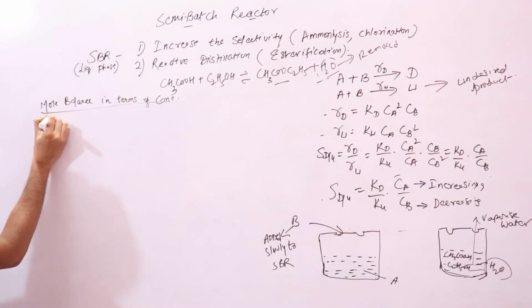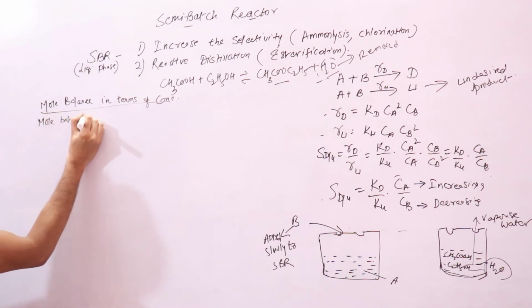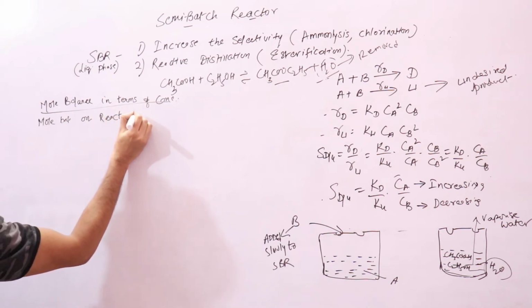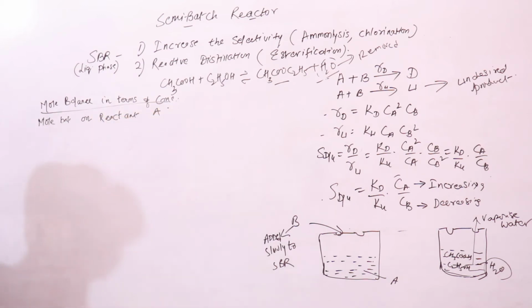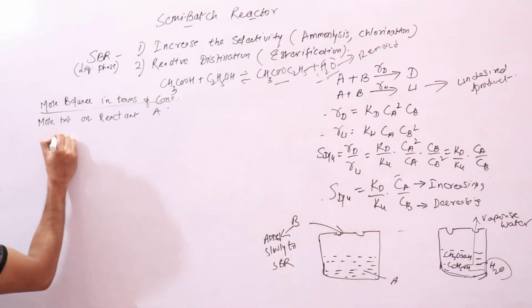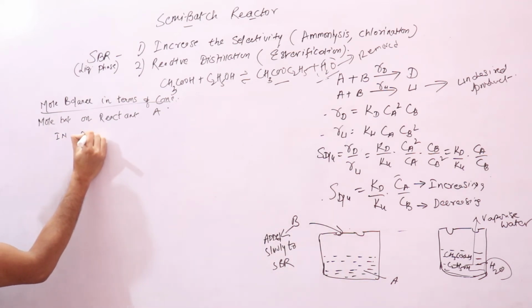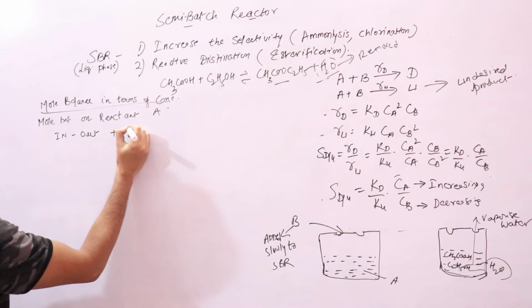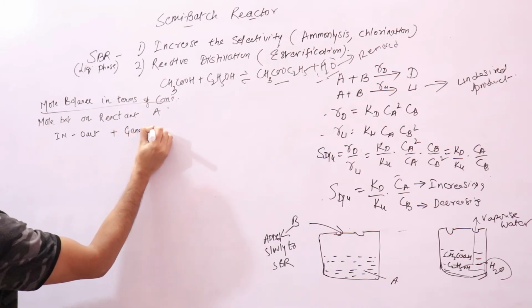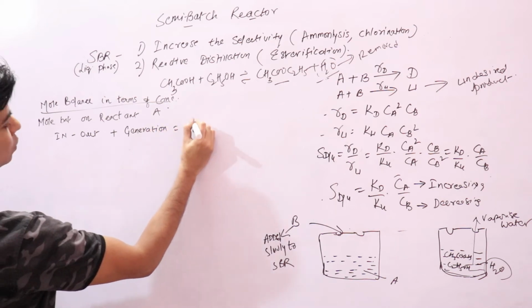Here, first we will do the mole balance on reactant A. We know, as per the general mole balance equation that we did in the beginning, in minus out plus generation is equal to accumulation.